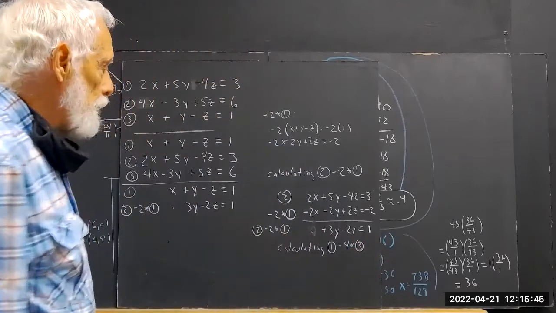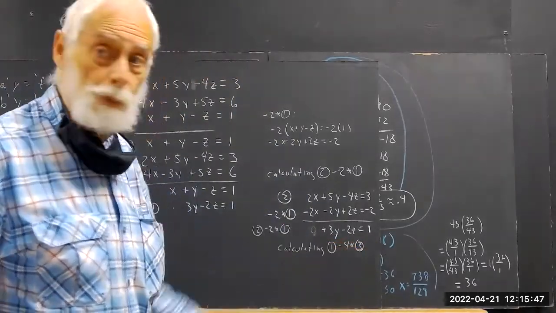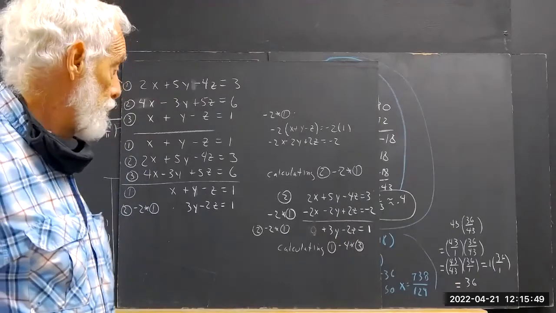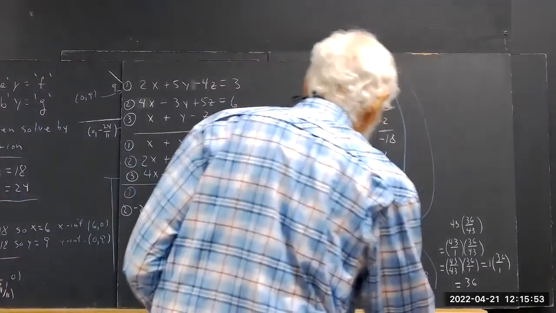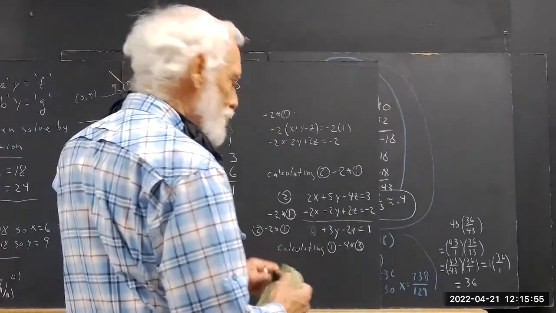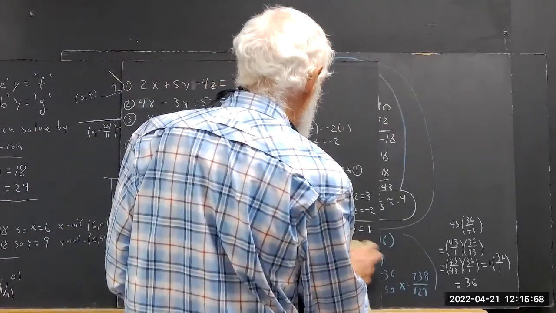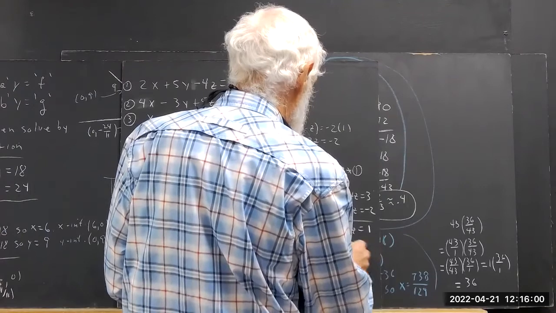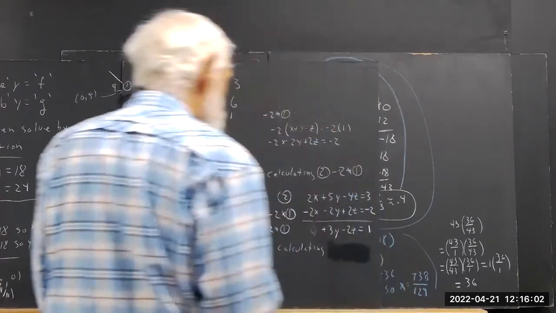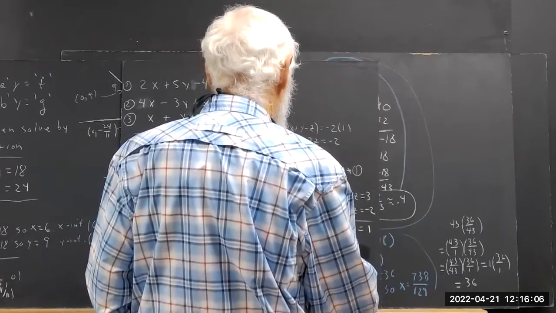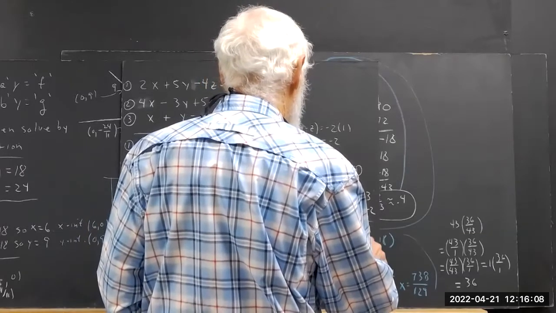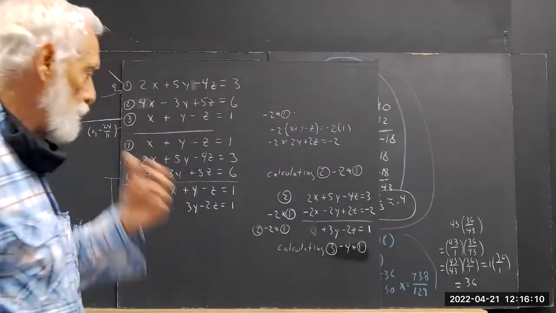Now, we're going to calculate equation 1 minus 4 times equation 3. And I said that exactly wrong, because every chance I get today to state something wrong, I'm going to take advantage of it. Okay, it's equation 3 minus 4 times equation 1.